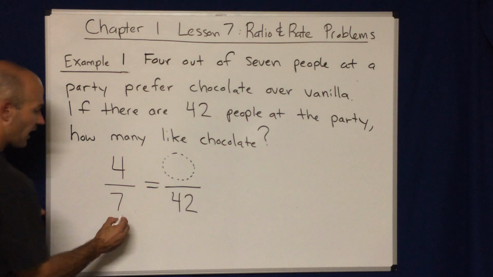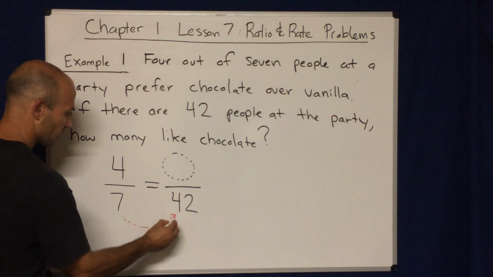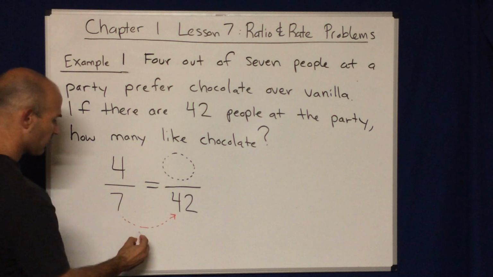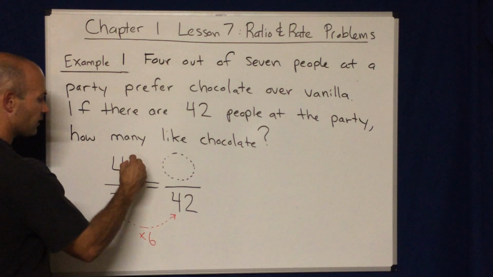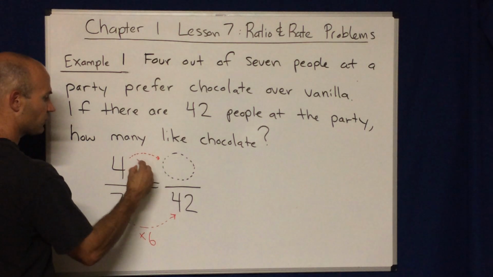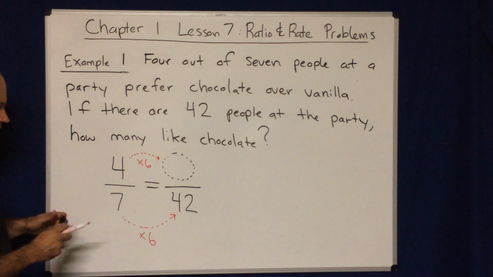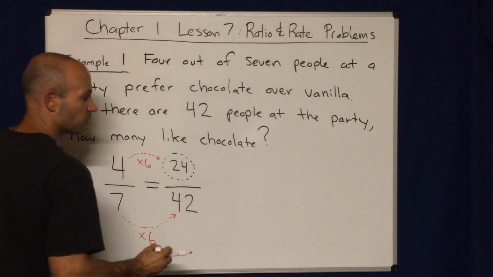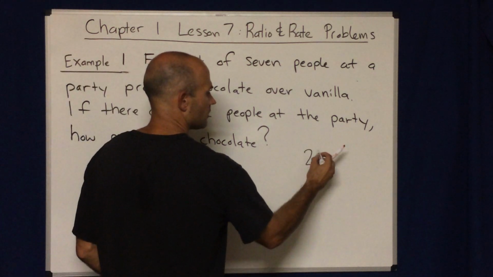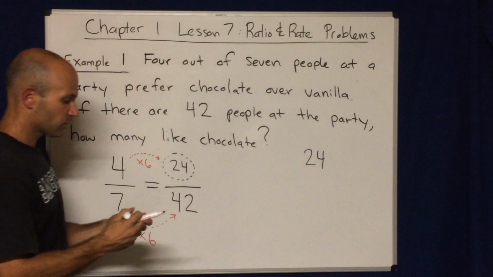And here we want to multiply by 6. We want to multiply 7 by the number 6 to get 42. I have to do the same thing to the numerator if I want these two fractions to be equivalent. So I multiply 4 by 6, and I get 24. So at this particular party, 24 people prefer chocolate over vanilla ice cream.